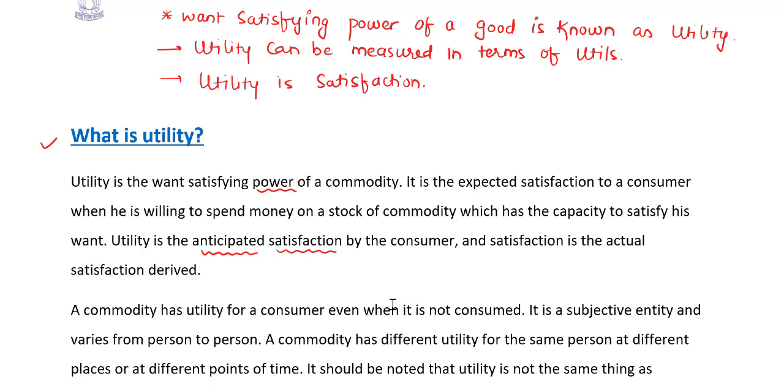If a product is giving you more satisfaction, that means that product is having more utility as compared to any other product. But utility is a very subjective matter. Utility or satisfaction is very subjective.